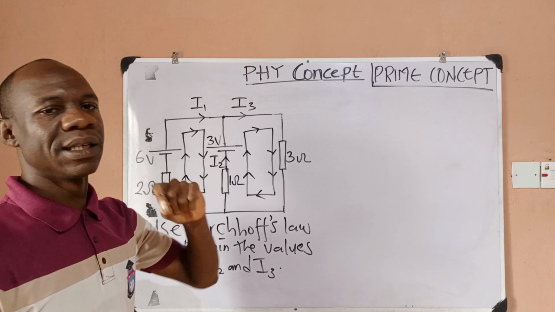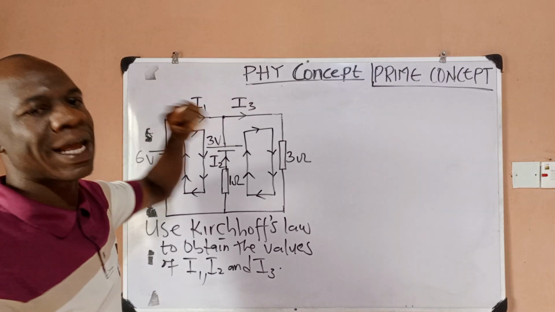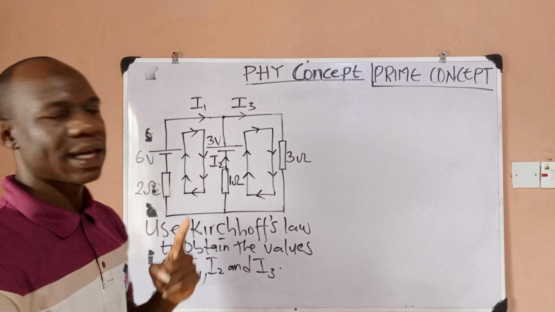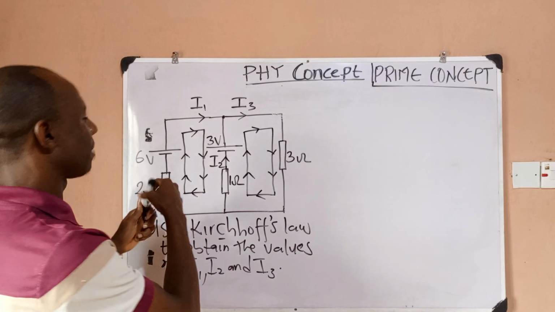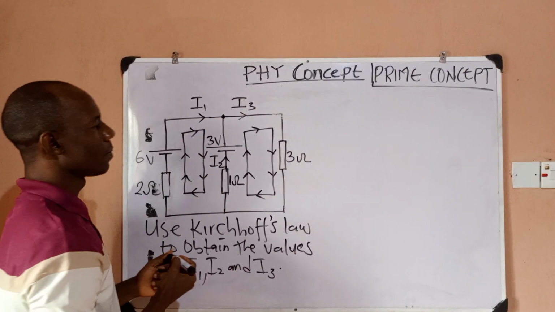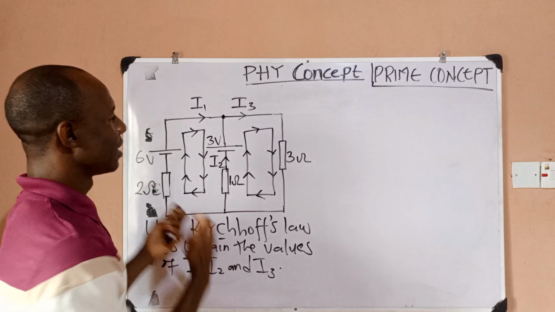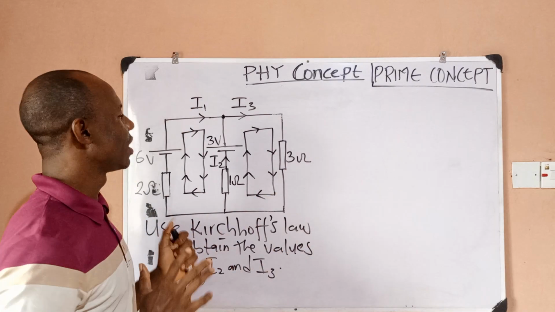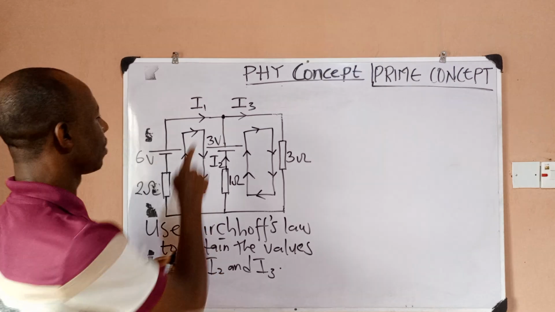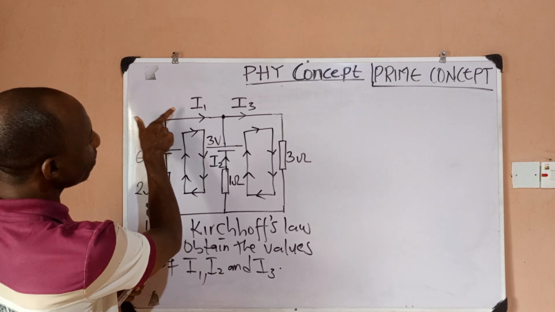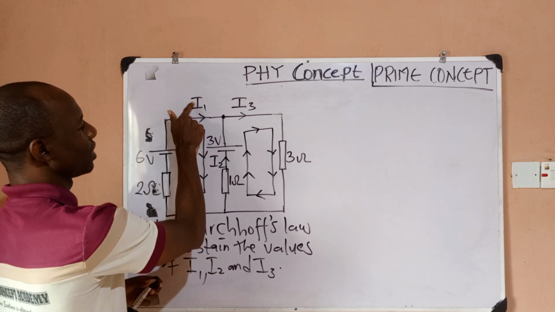Now the first thing we want to do here is to apply KCL. KCL is the law you can use to get the current equation. So we want to apply KCL at this junction. KCL says that the total current going into a junction equals the total current leaving that same junction. One current going into this junction is I1.